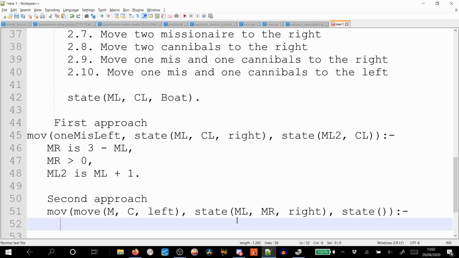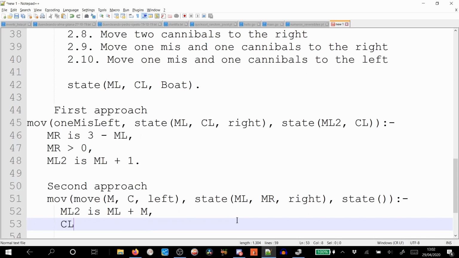Move to the left means increase missionaries to the left 2 is missionaries to the left plus m, and cannibals to the left 2 is cannibals to the left plus c, the number of cannibals I'm going to move to the left.